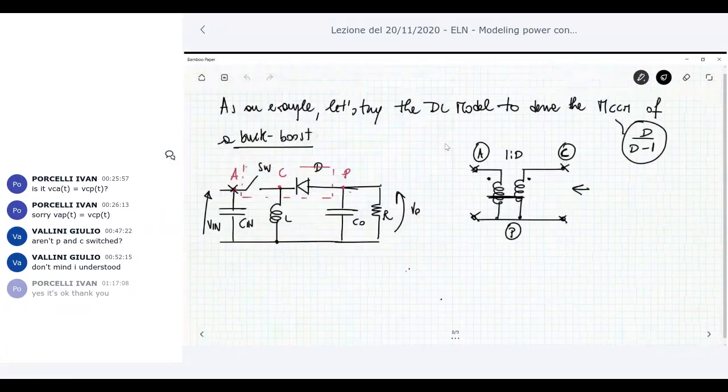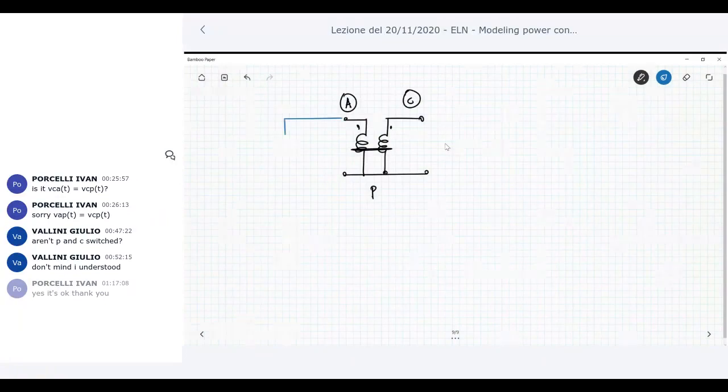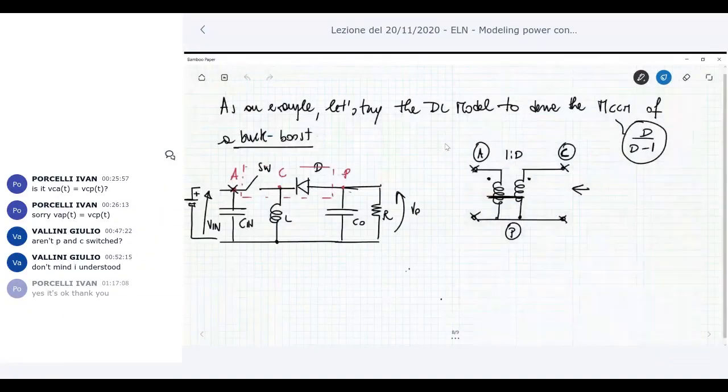Okay, so for example, from the node A you have the V in battery. You have the plus sign of the V in battery. The negative sign of this battery goes to this node here.